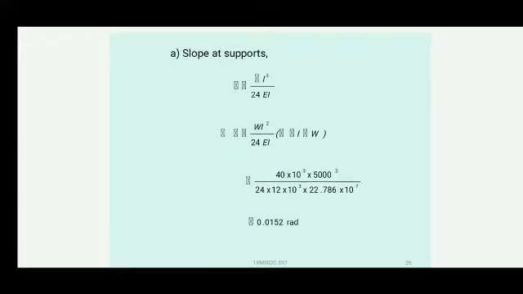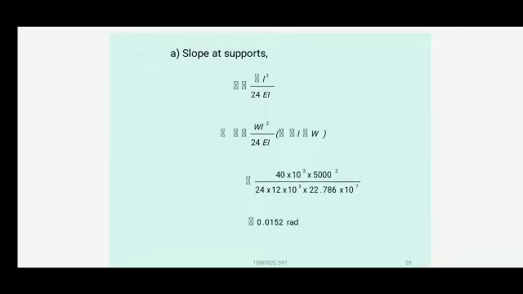A. Slope at supports, that is theta is equal to wL cube by 24 EI. So theta is equal to capital W L square by 24 EI, where small w into L is equal to capital W. So we can substitute the values.